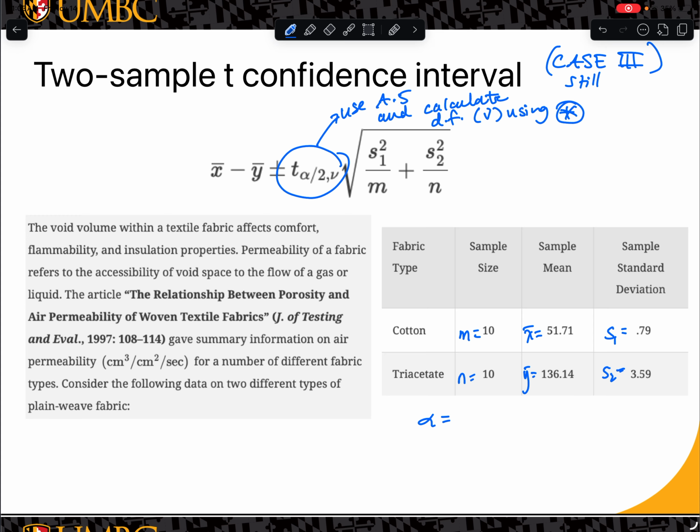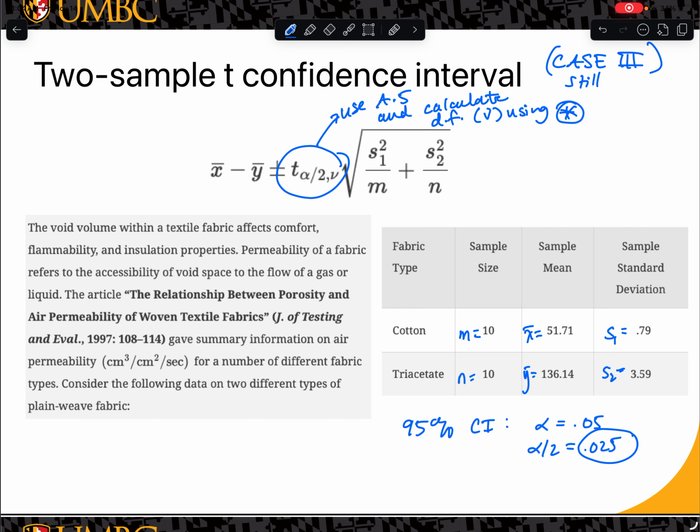As a reminder of how these work together, if it's a 95% confidence interval, then alpha is 0.05, which means alpha over 2 is 0.025. So you've got all the pieces, with the degrees of freedom, to get T from table A5. You plug in everything and you have a confidence interval for the 2 sample T test.